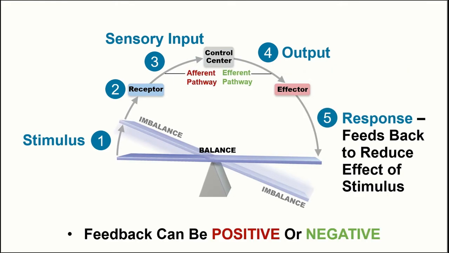So finally, the fifth part of our homeostasis graph or chart here is the response. The effector is the structure that carries out the body's response to the initial stimulus, and this response then feeds back to reduce the effect of this initial stimulus.